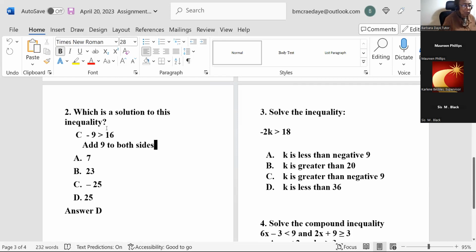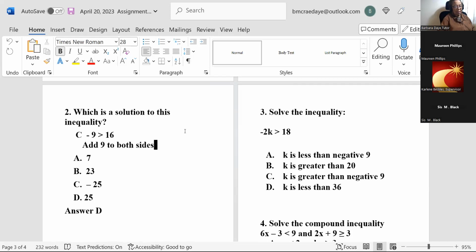If you're subtracting a 9, and you need to get this 9 on the side of the 16, which is what you want, you want your constants on the same side, you'd have to add the 9 on both sides. You cancel, so then you have C left. So -9 plus 9 is 0. C plus 0 is just C. And 16 plus 9 is 25. So your answer would be 25.